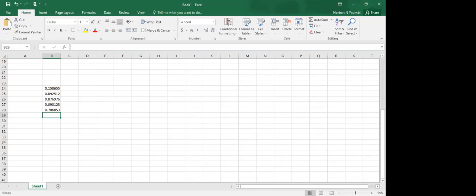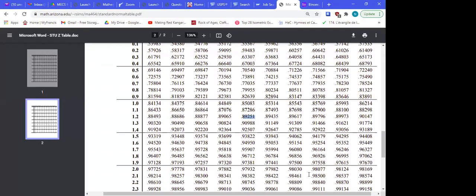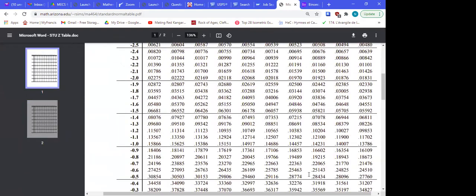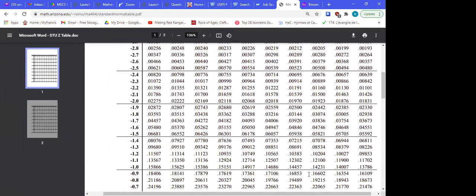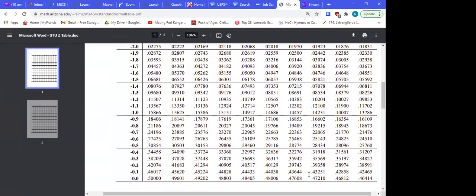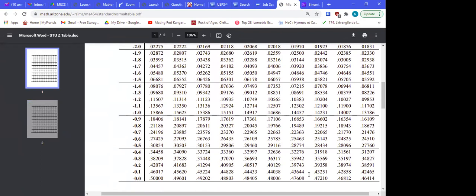Let me quickly do that on the table. I'm looking for the normal table quickly. What I'm going to do is look for 0.226 as probability. I go to the negative because it is less than 0.5, it should be negative. 0.22, I'm here, 21. This is 22, 223, 226.